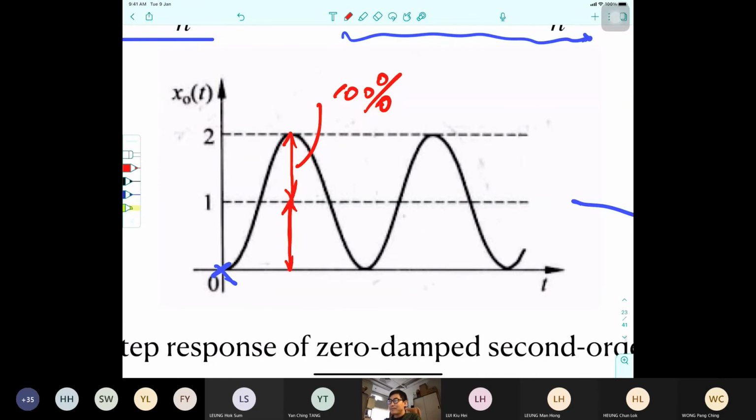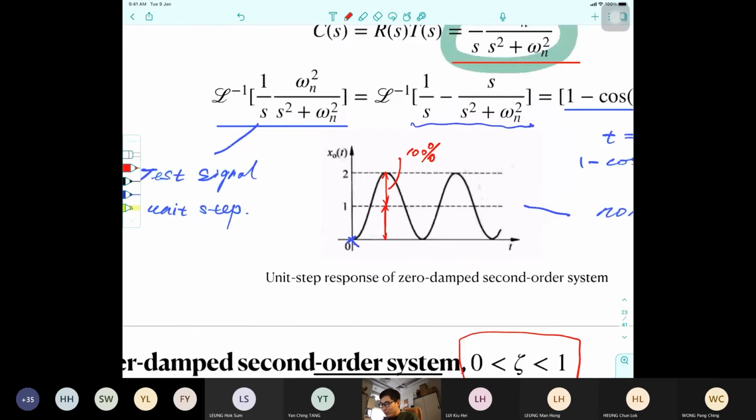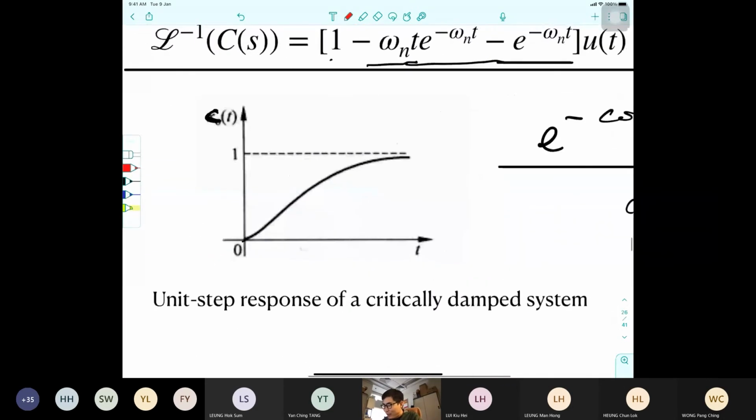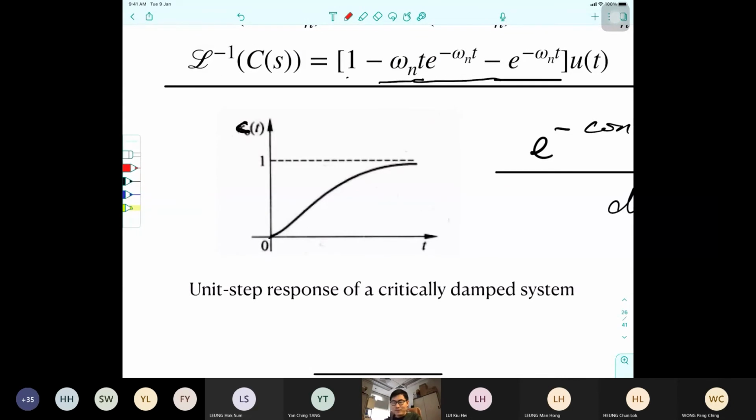This is the largest percentage overshoot, if there's no damping. If there is damping, it comes down slowly. As damping increases, the overshoot gets lower and lower. When the damping ratio reaches 1, there is no overshoot. So zeta equals 1 means no overshoot.